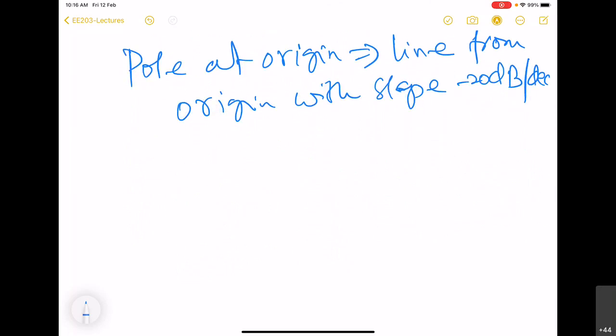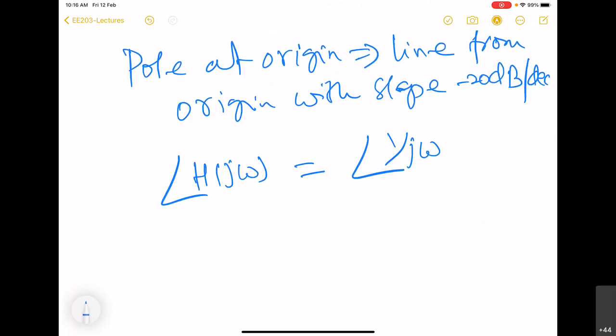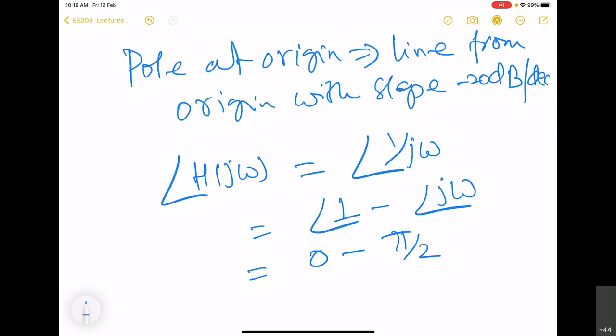And now if we see the phase plot, for this pole at origin, so here what will be phase of 1 minus phase of j omega. So phase of 1 is 0, and phase of j omega we have already found out is pi by 2. So the phase is minus pi by 2.